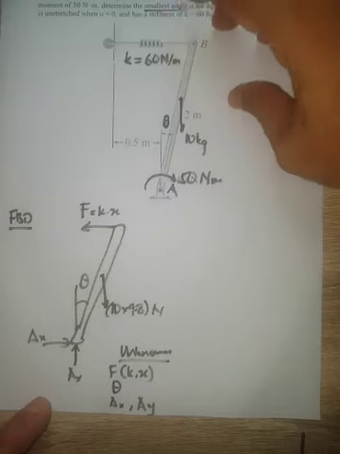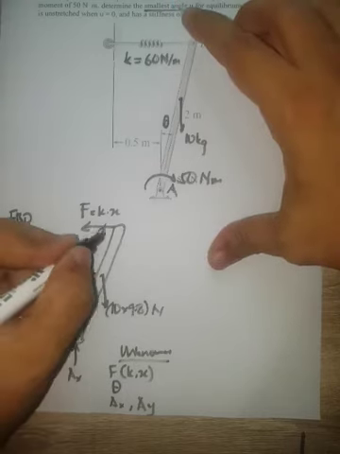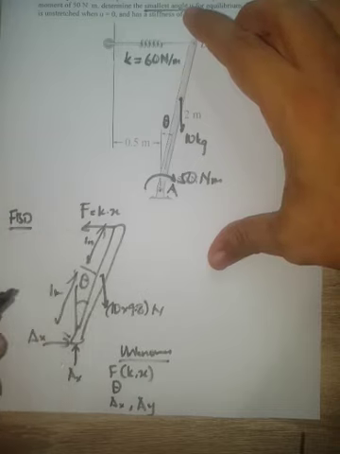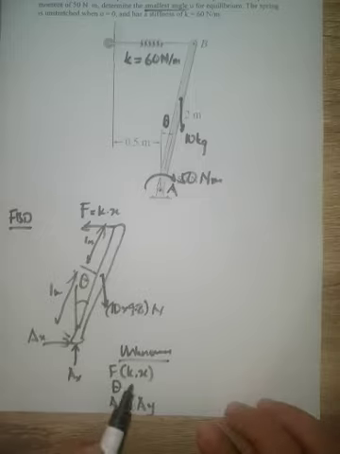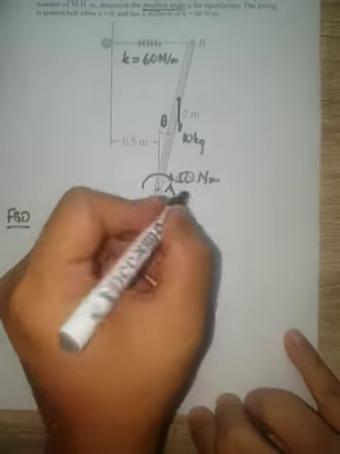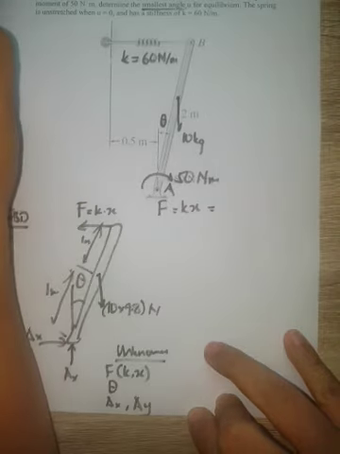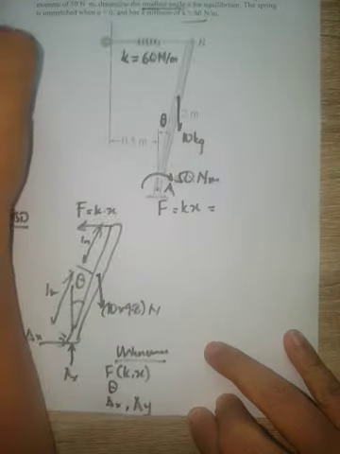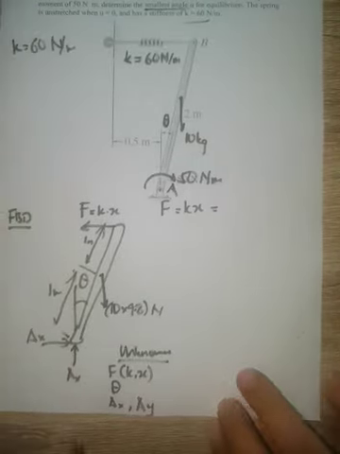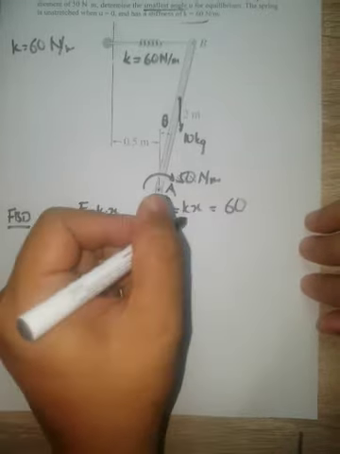What is the principle of the spring? Sorry, we put the dimension there as 1 meter, and from here to here is another 1 meter. We understand that the spring force F is equal to k times the extension X, where k is given as 60 Newton per meter. So we write F equal to 60 times X, and what is X here?